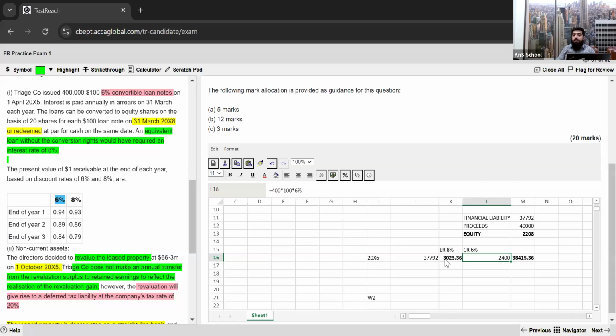It's an incorrect treatment, and now you have to adjust it. You will first remove the 2400, the incorrect amount, and record the correct amount of interest expense, that is 3023, or you can take the difference of it.